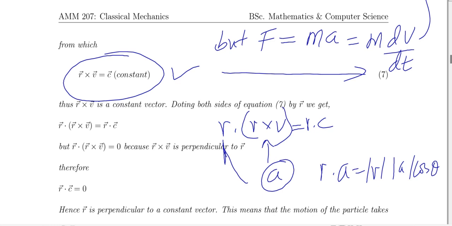Because A is perpendicular to R, theta is 90 degrees and cosine of 90 is 0. So this quantity becomes 0.